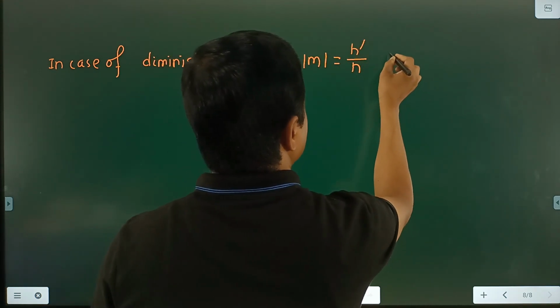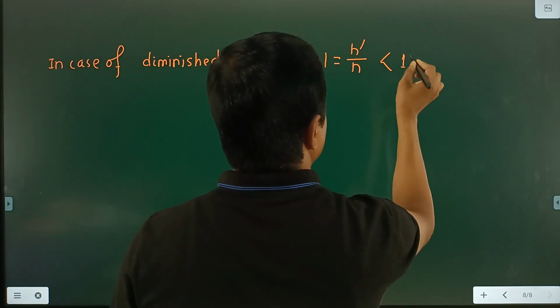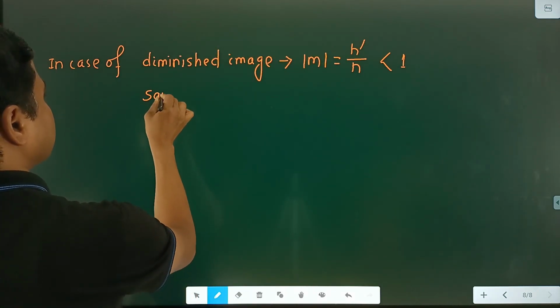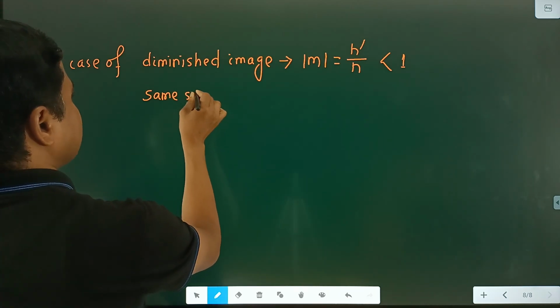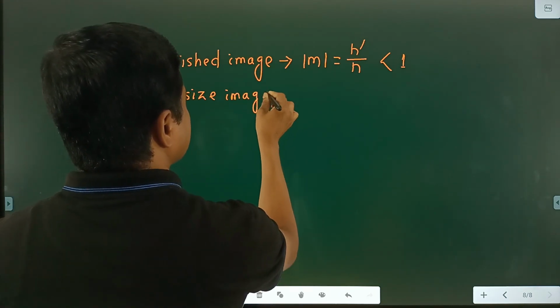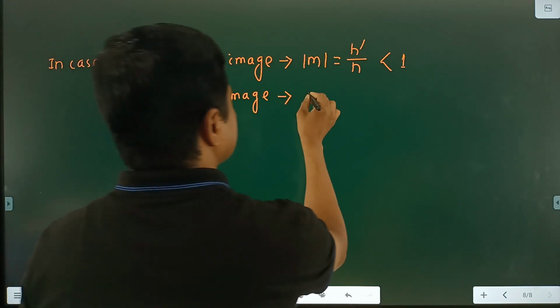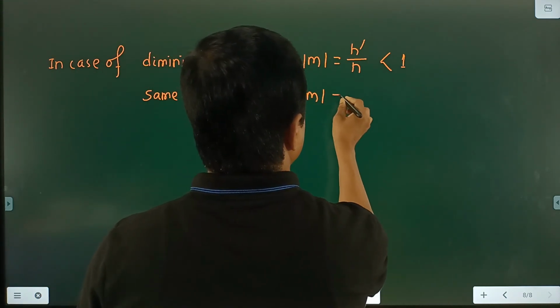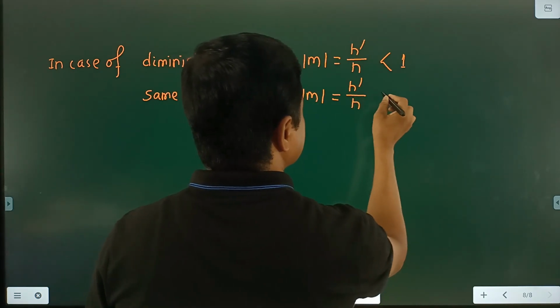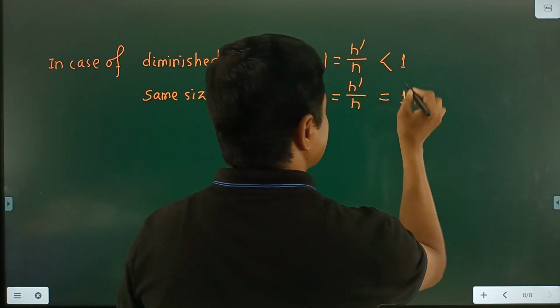H prime is small, so that is less than 1. In case of same size image, same size as compared to the size of the object, we write magnitude of the magnification is equal to h prime by h, both are same size, so that is equal to 1.